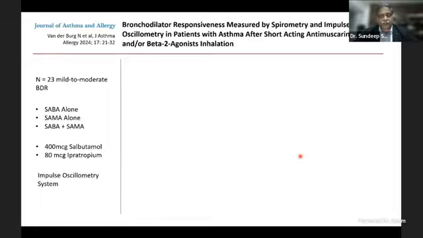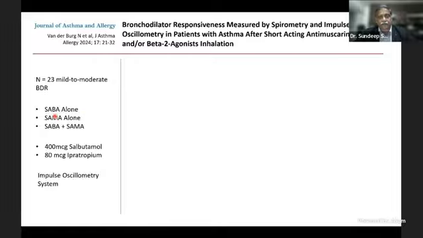Bronchodilator responsiveness. Dr. Lennart highlighted the importance of looking for bronchodilator responses in patients with asthma or COPD after giving them a bronchodilator. How much bronchodilator response should happen in an oscillometry test? I think the best study for this is one that was just published early this year, in 2024. This is a study from Sweden, perhaps one of the best studies that I have seen. 23 mild to moderate patients who have good bronchodilator responsiveness.